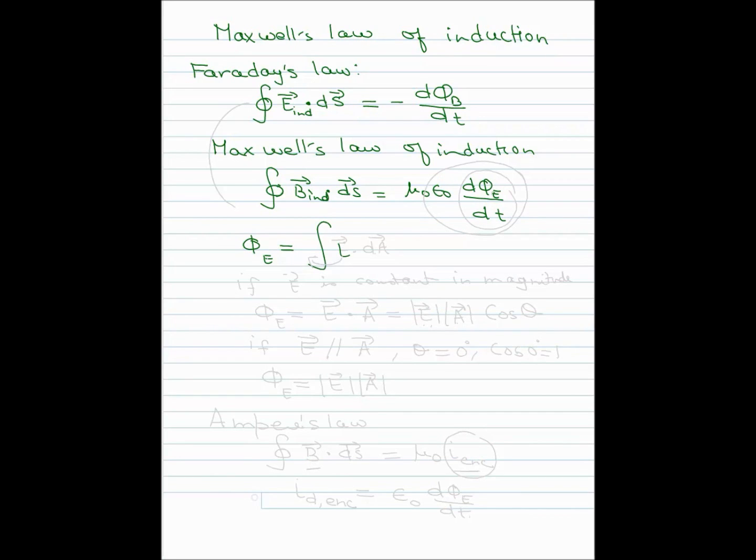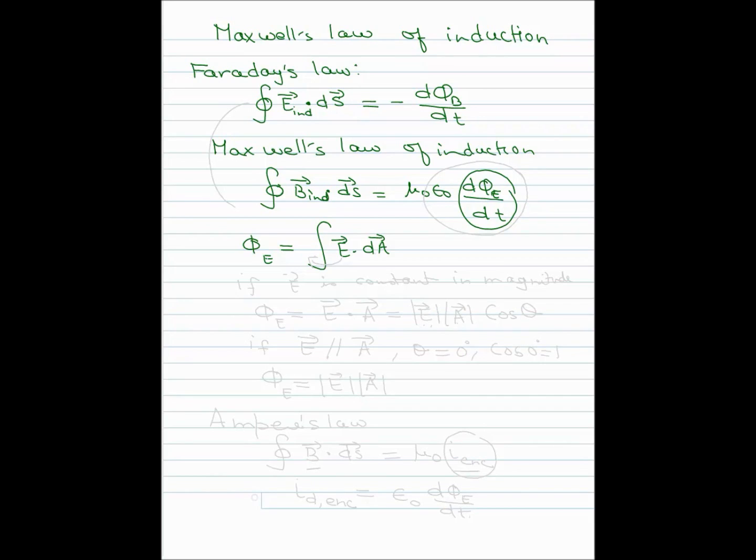So it's integral E dot dA. And so you can see that Maxwell's law of induction basically says that the rate of change of electric flux is related to the integral over a closed loop of B induced dot ds.